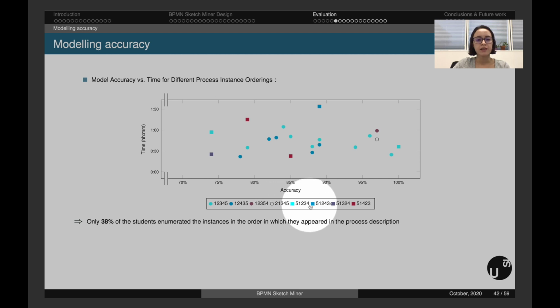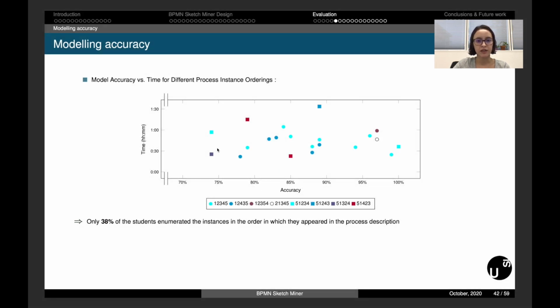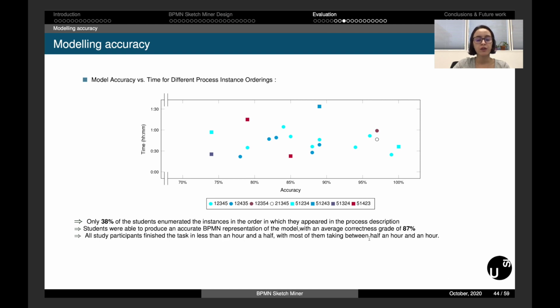We can realize here that the students have been using different modeling strategies, like 8 of them, and only 38% of the students followed the same order of processes as they were stated in the text of the exercise. The students managed to finish the exercise in 1 hour and a half, and the average correctness of their models was 87%.